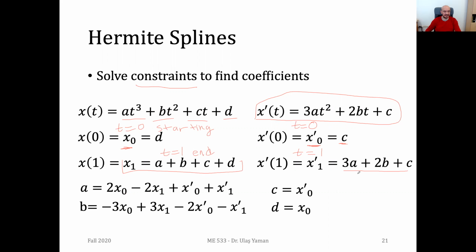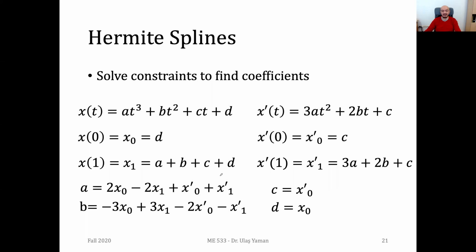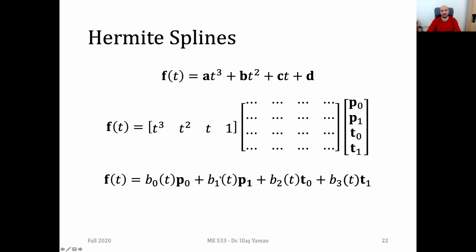We can represent these coefficients in terms of the given inputs: the starting and end points and the tangent vectors, or derivatives. So instead of using the coefficients a, b, c, and d, we can use these expressions, so that it will be easier for us to represent them with the help of inputs. This is a fundamental thing.